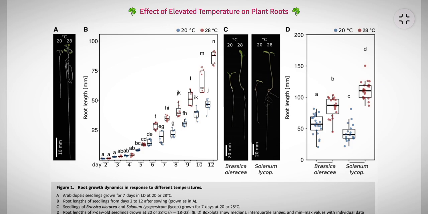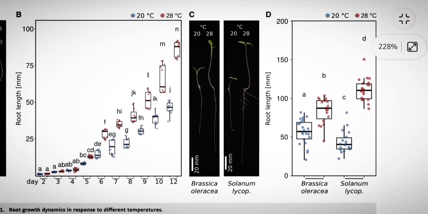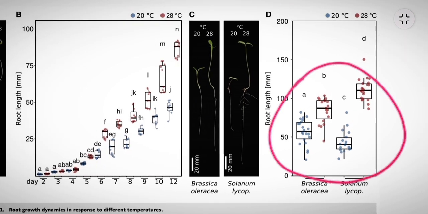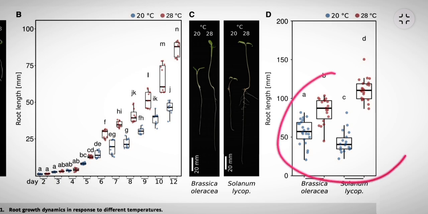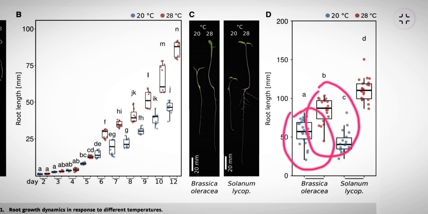Now if we look at the data, and this data was measured after growing these plants for 7 days, you can see that the seedlings that were grown at 28 degrees Celsius had longer roots than the seedlings that were grown at 20 degrees Celsius.